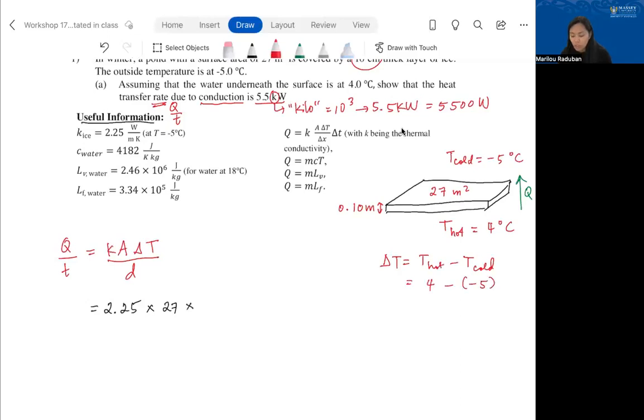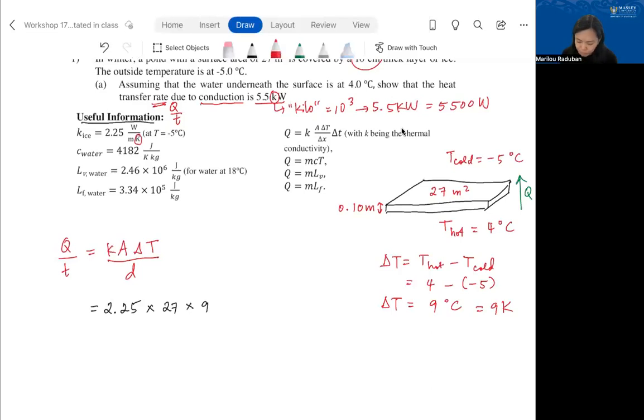Don't forget to include the negative signs if there are any negative signs in the temperatures. That gives you a temperature difference of 9 degrees Celsius. That is of course equal to 9 Kelvin because you're getting the delta T, the difference in temperature. We'll use Kelvin just because the unit for the thermal conductivity of ice is given in kelvins.